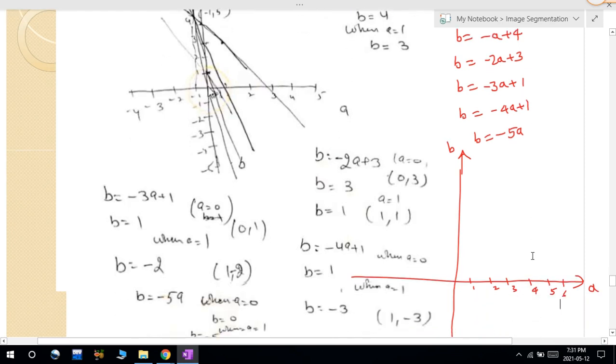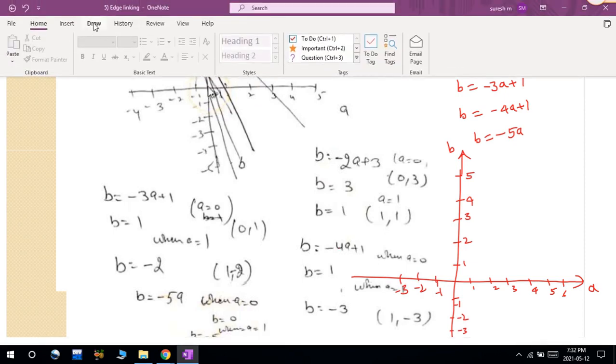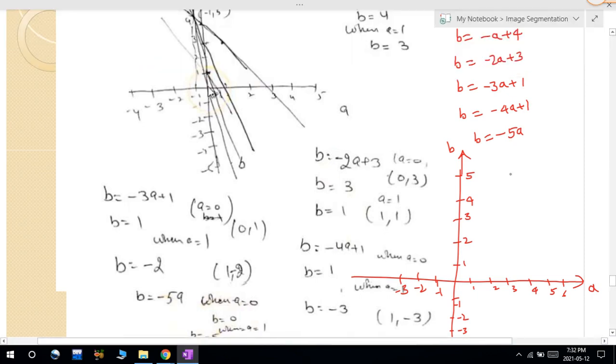Here I have 1, 2, 3, 4, 5, and here I have 1, minus 1, minus 2, minus 3 and minus 1, minus 2, minus 3. After taking these values, I will represent them in the diagram format.